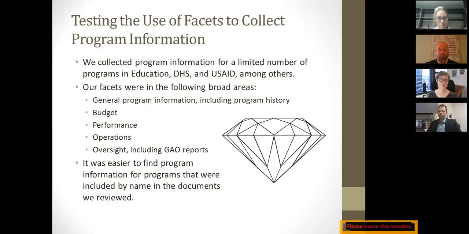So for those things that weren't listed by name, it became much more complex to track down those pieces of information. We presume that it would be much simpler for agencies to do that themselves, because they should all know what the budgets are and what those pieces of information are for their own programs at least.